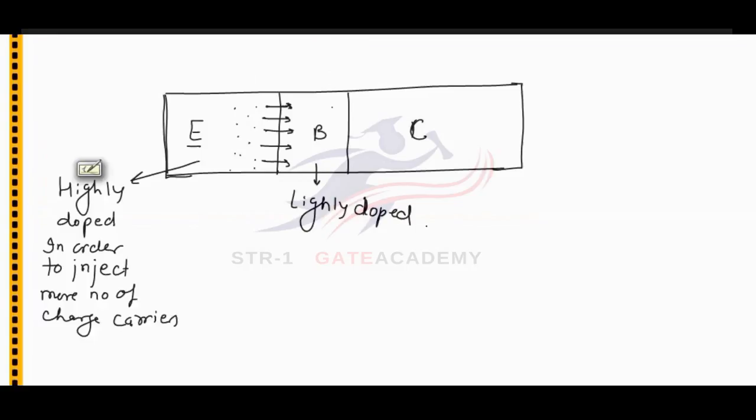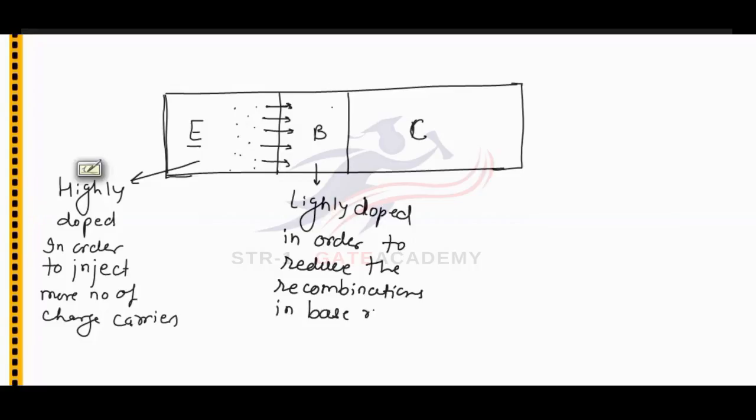So the base is lightly doped in order to reduce the recombinations in the base region. In order to reduce recombination, we are doping this lightly.